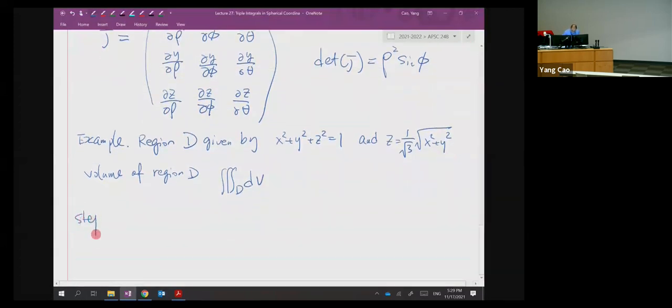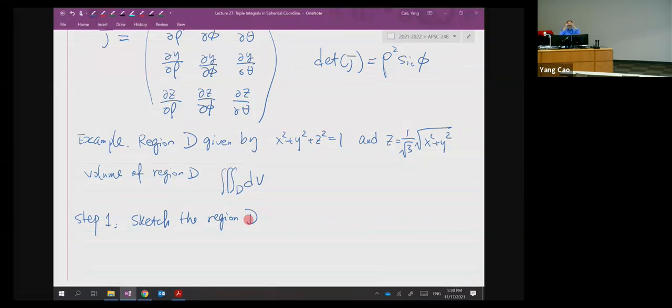Step 1, I need you to be able to sketch the region D for some of the very common types of surfaces bounding this region D. You should be able to sketch that.